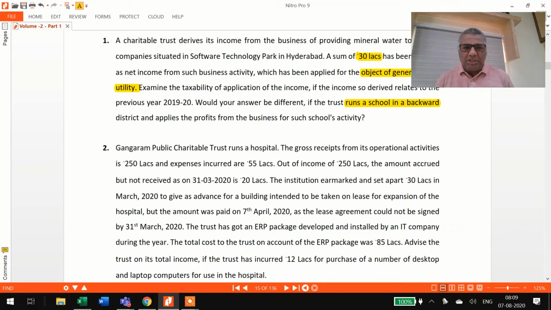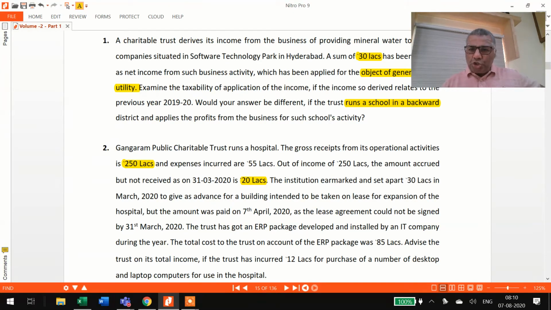Gangaram Public Charitable Trust runs a hospital. The gross receipts from its operational activity is 250 lakhs and expenses 55 lakhs. Out of the income of 250 lakhs, the amount accrued but not received is 20 lakhs.